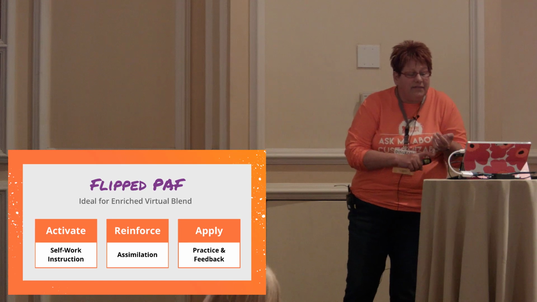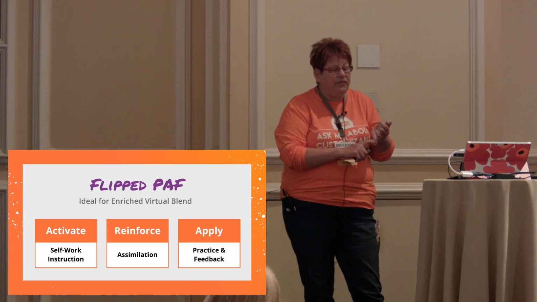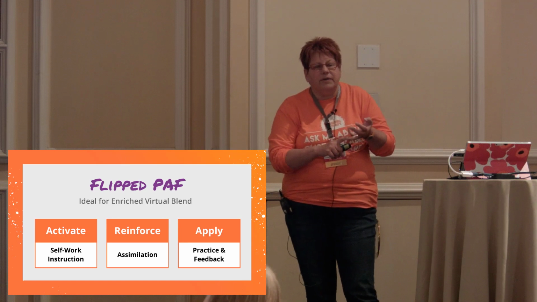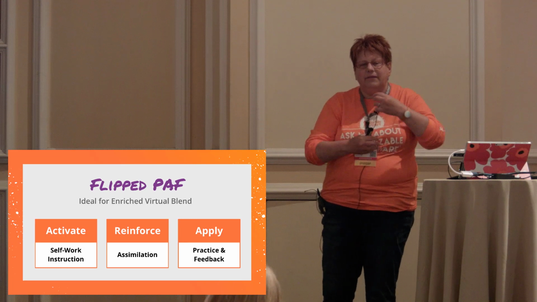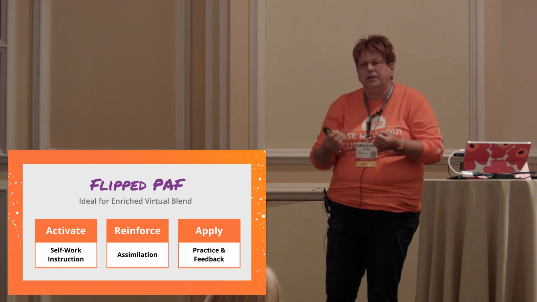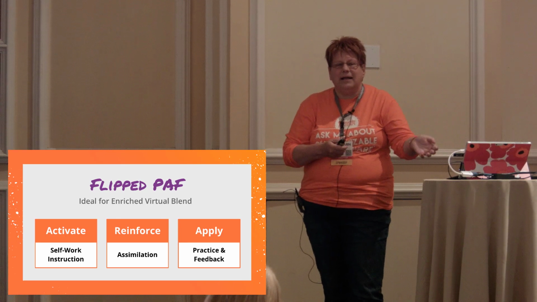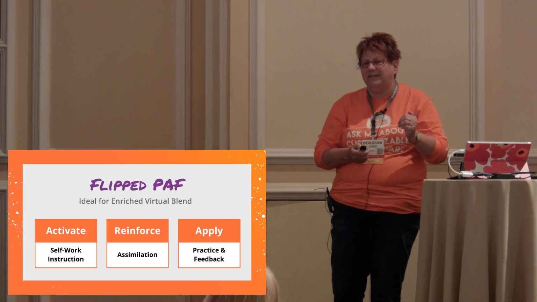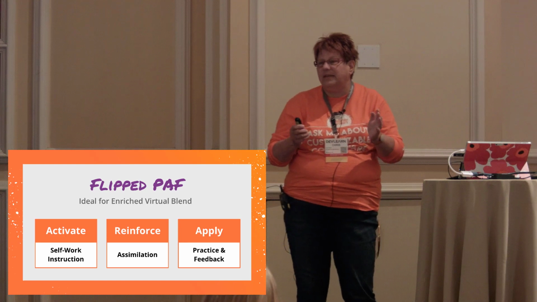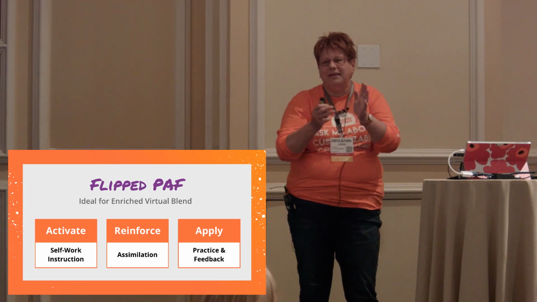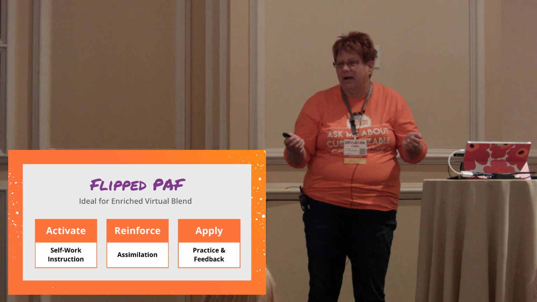You're going to activate with some form of self-work or instruction. You're going to reinforce it so that they can get some form of assimilation with the learning and get that aha moment, and then apply practice and feedback to make sure it sticks and to make sure that they don't veer off into a direction you didn't want them to go.